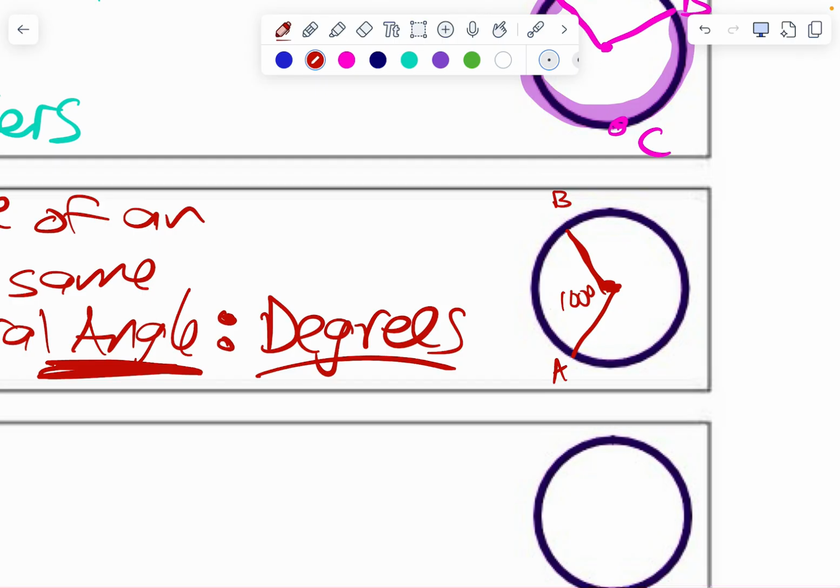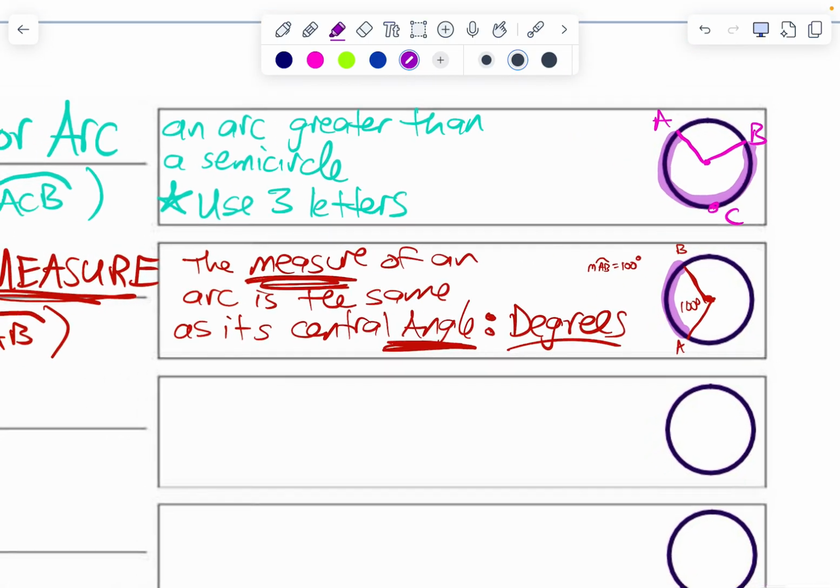Okay, so on this little picture, the measure of arc AB equals 100 degrees. It's a little bit weird. How do we know it's 100 degrees? The central angle is 100 degrees, okay? So those go vice versa. If I know the measure of the arc, I know the angle, and vice versa. All right, we'll pause there.